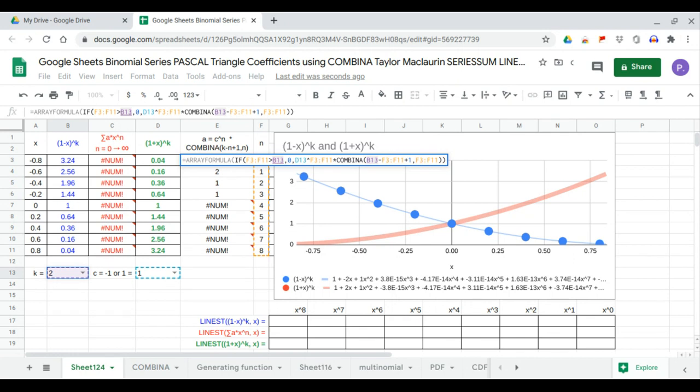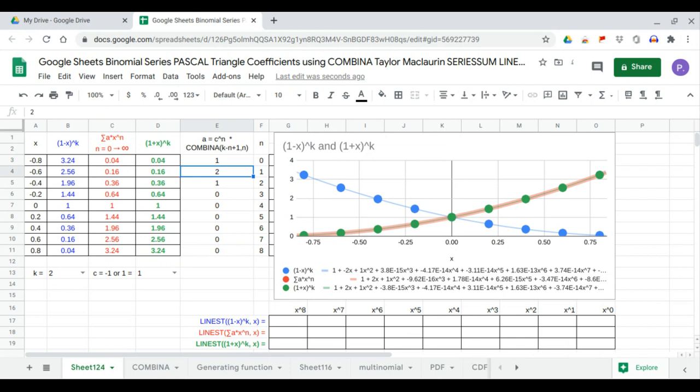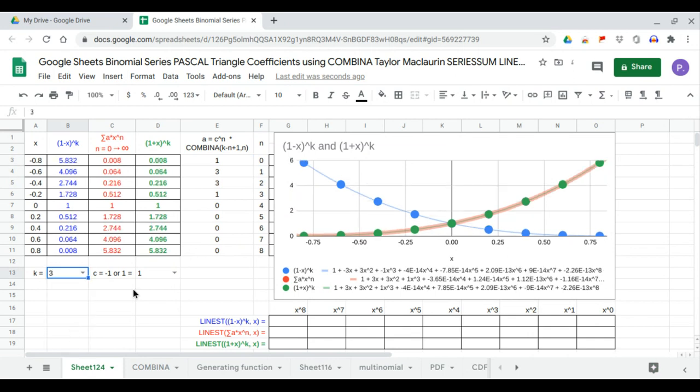Otherwise, calculate. Now it's corrected. So if n is greater than k, it should be 0. So we change that to 3. This is 0 because n is greater than k.